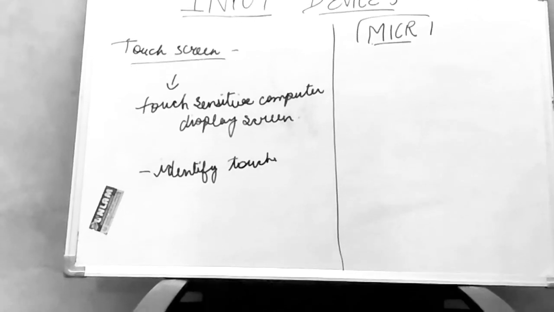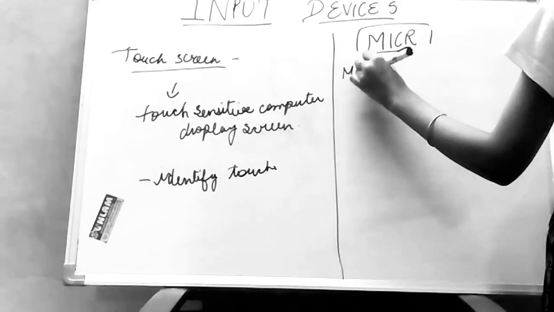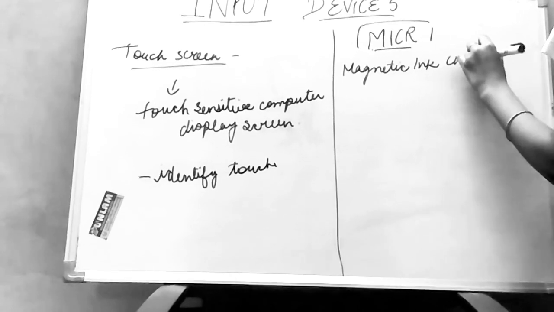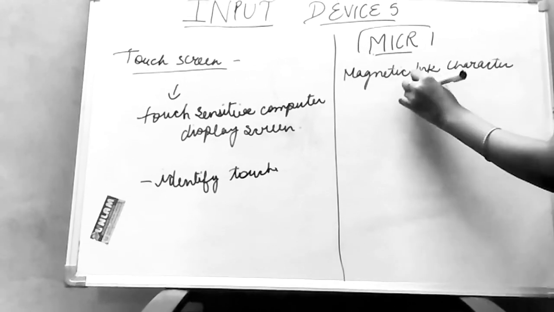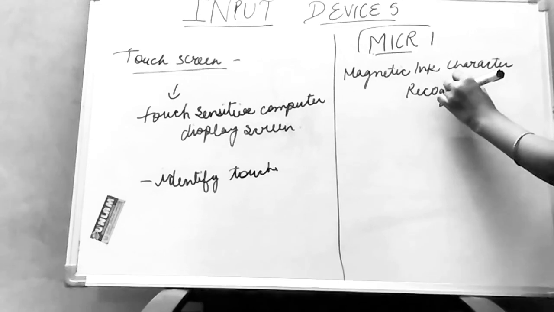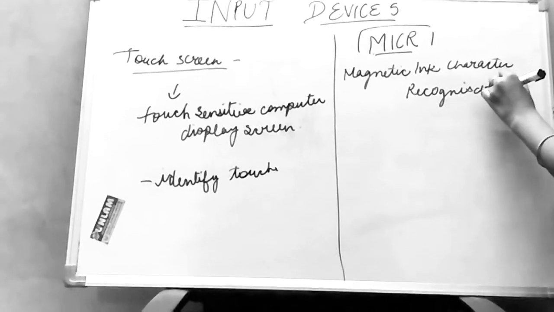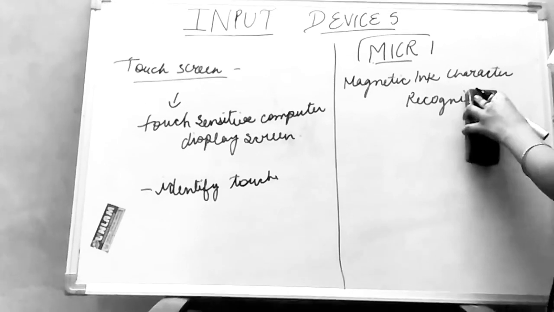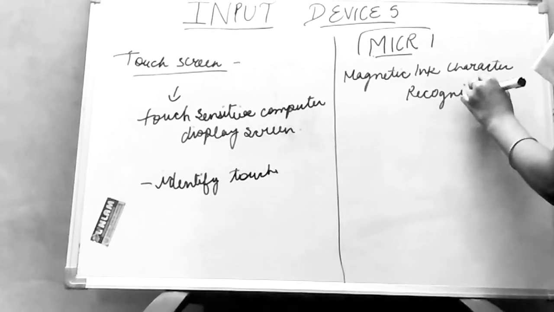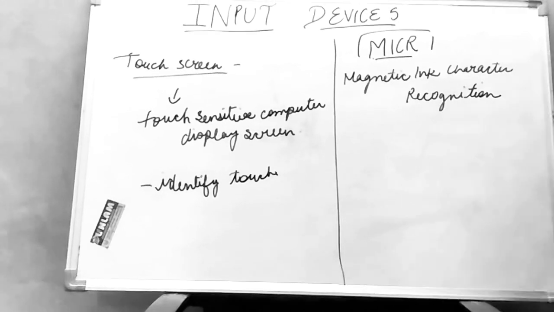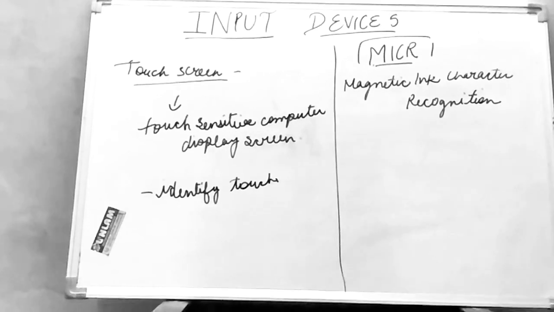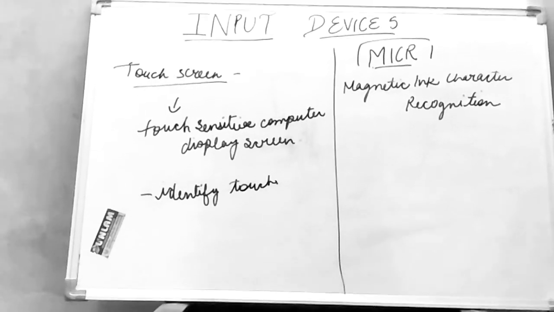Next input device that we are having is MICR. MICR stands for Magnetic Ink Character Recognition. Next, the number codes at the bottom of the checks are written using a special ink that is called magnetic ink.